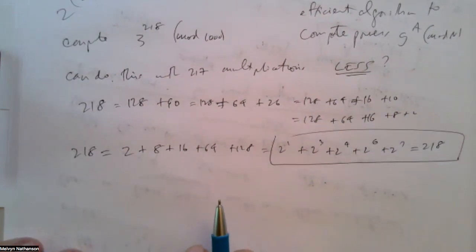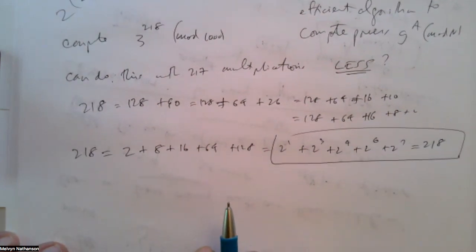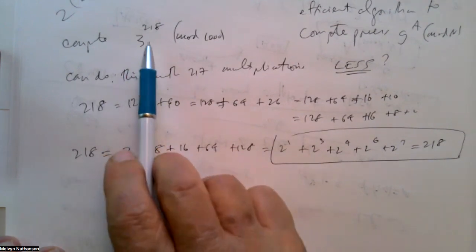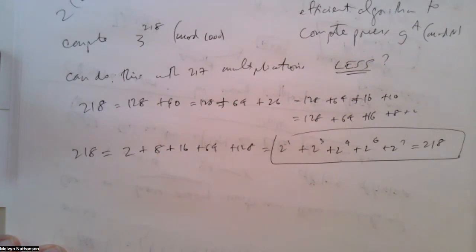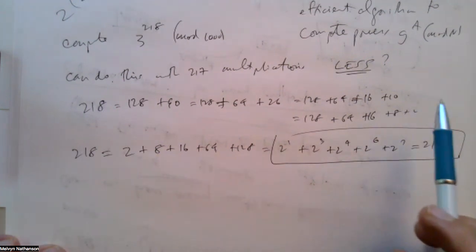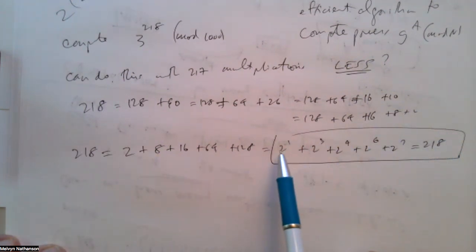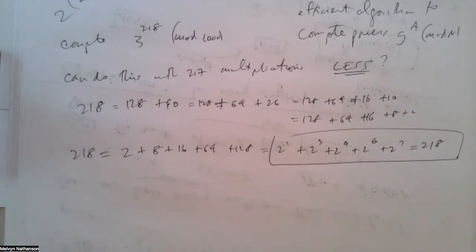That is 218. Now, I want to compute 3 to the power 218 mod 1,000 with fewer than 217 multiplications.